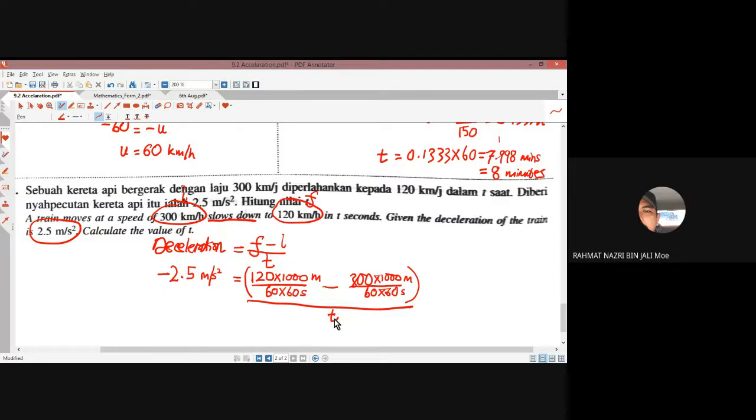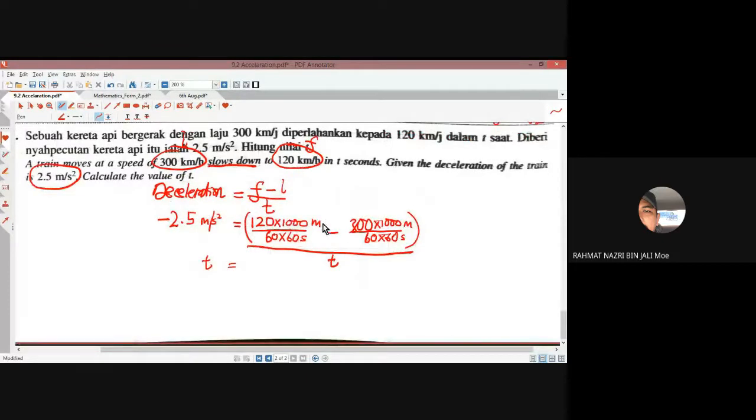Okay, T ini sekarang kita akan dapat terus jawapan in second sebab kita dah tukar everything kilometer per hour to meter per second. Jadi ini boleh settle dengan calculator. Kita cuma tukar position T, bawa ke kiri. 2.5, we move to the right side.